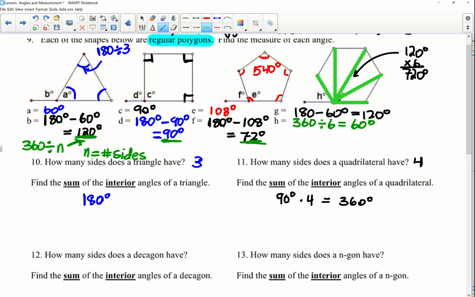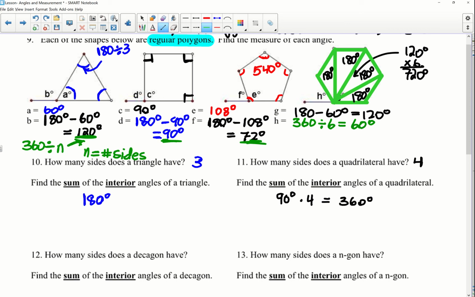What's going to happen is you're going to create a certain number of distinct triangles. All right, and how many degrees are in a triangle again? In a triangle? 180, right? And how many triangles do I have here? 4. And what do you think 180 times 4 is? 720. All right, and you can do that with any polygon.